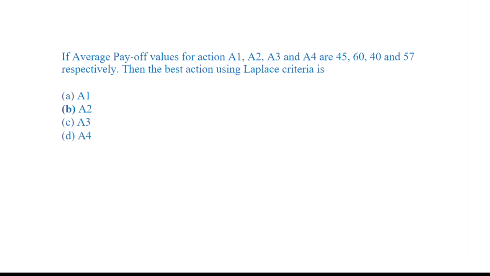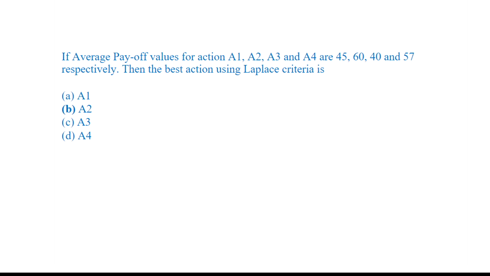Now in the previous question we had said that the average values are given. So what is the approach that we have taken? Now I have just modified the question to average payoffs for the different actions are given. Then I'm asking which is the best action using the Laplace criterion.